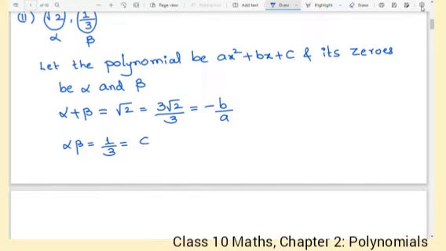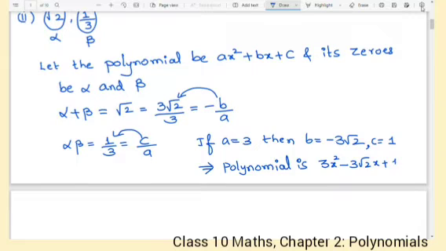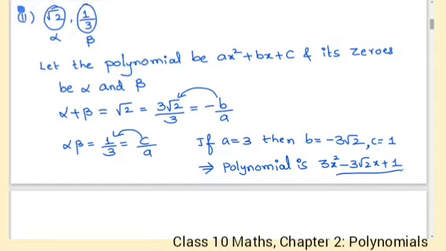Alpha into beta is equal to 1 by 3 given, which is equal to c by a. Here if a is equal to 3, then b becomes minus 3 root 2 and c is 1. Then polynomial will be 3x square minus 3 root 2 x plus 1.